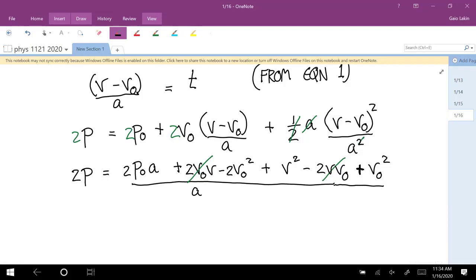And so that means that this 2 goes away and becomes a 1 and cancels that.